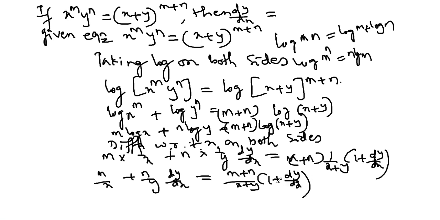Now just open the bracket by multiplying (m plus n) by (x plus y) inside the bracket, and then separating the terms of dy by dx, we get dy by dx as y by x. So take a screenshot of this.